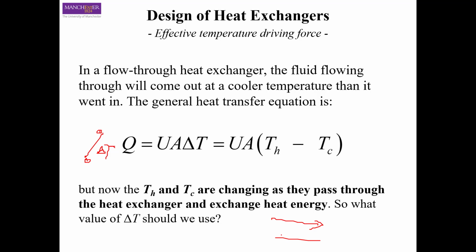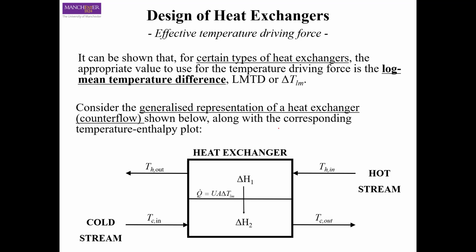From point to point, the delta T is different, and that's why we need to calculate an average value of delta T over the whole length of the heat exchanger, and that average delta T over the length of the heat exchanger is what we call the log mean temperature difference. This log mean temperature difference can be represented by LMTD, or in some books you will see delta TLM. These are both the same thing.